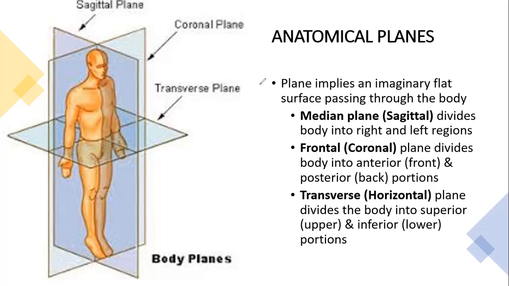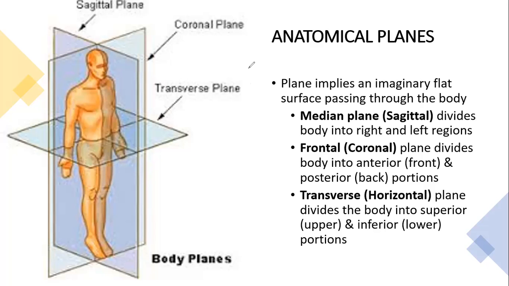The next plane is the frontal plane. And I'm giving you both words because they can be used in any way. They can say frontal plane, they can say coronal plane. You have to know both of them.